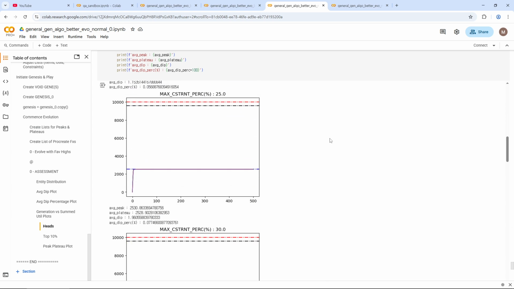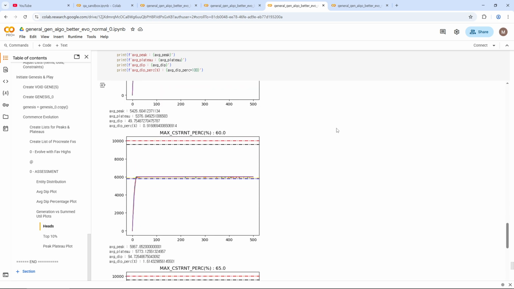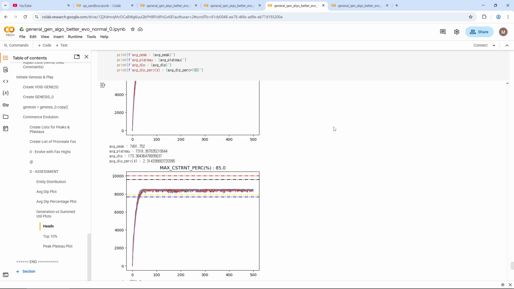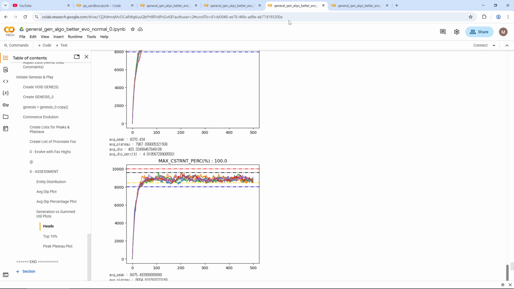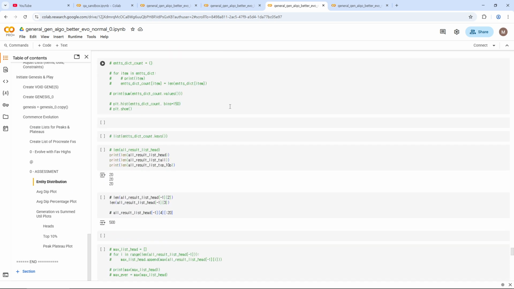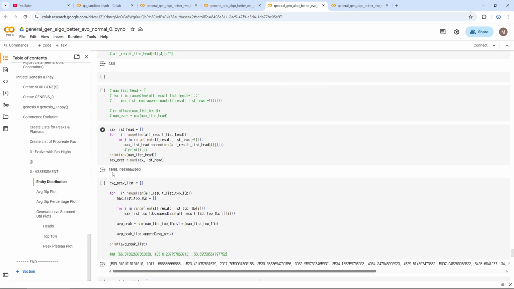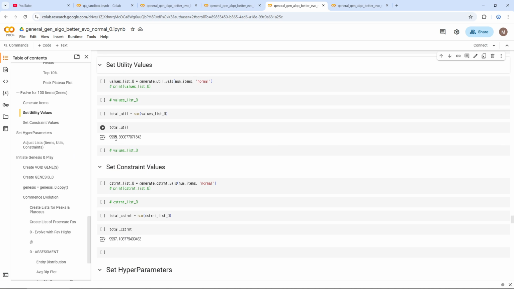And as these summed utility plots show for the heads, they never did. They weren't even close. The maximum ever in this case was 9598, when the total sum of utility was 9995, so almost 10,000. So still about 400 to 500 short.